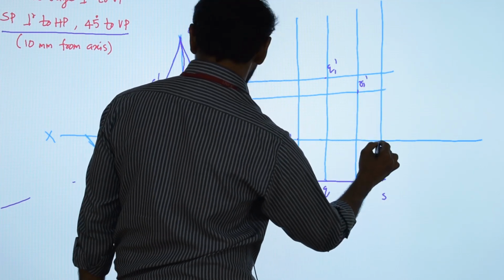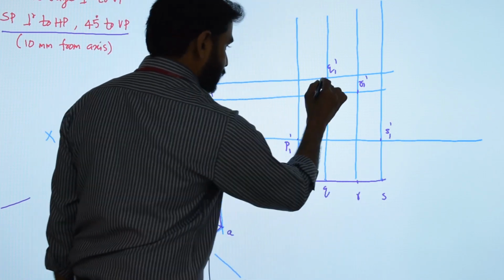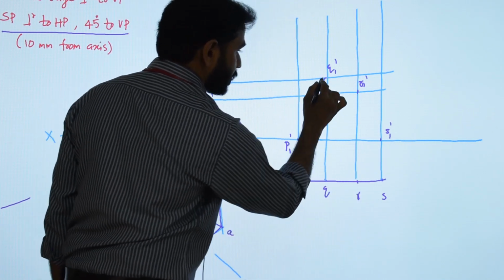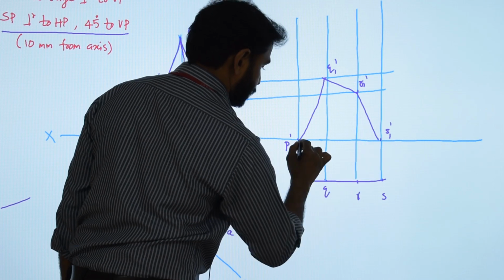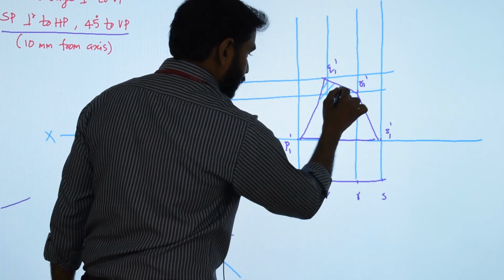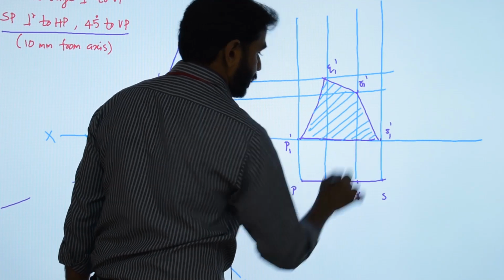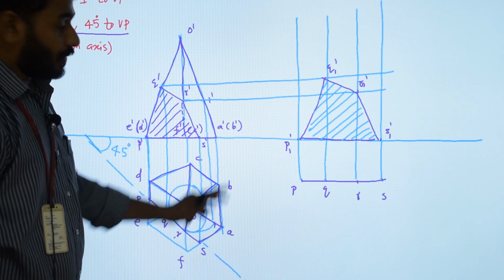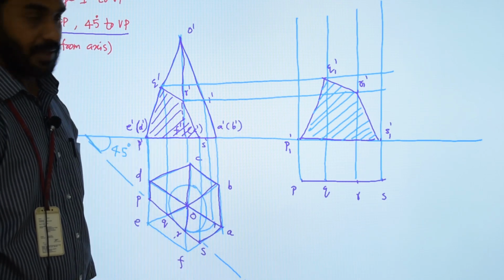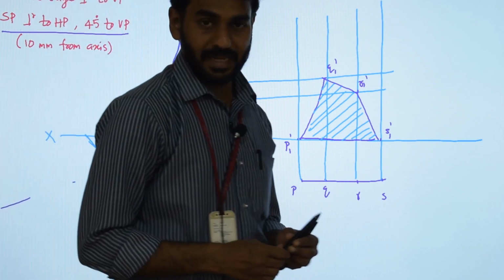S and S dash, which is S1 dash. Now simply connect all these cut points. This will be the true shape of the section. So this is how we draw the true shape of the section, and this is the solution to this problem. The remaining topics we will see in the next session. Thank you.